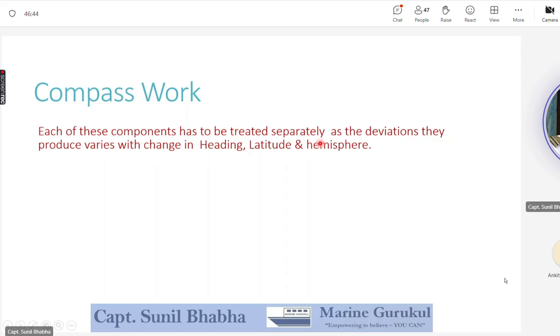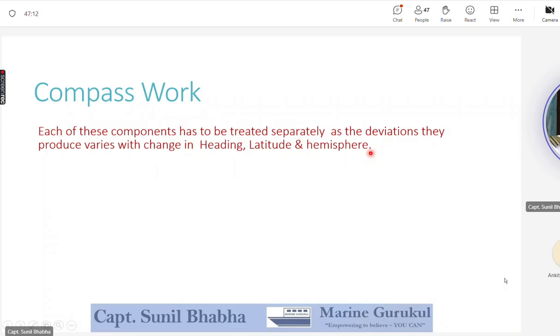They all have to be treated separately. There are 6 total components of the ship's magnetism which affect our compass. They need to be treated separately as the deviations which they generate vary with change in heading, change in latitude, and change in hemisphere.